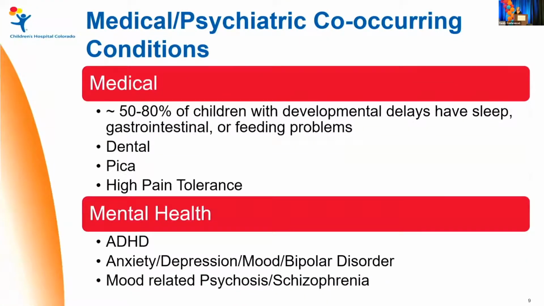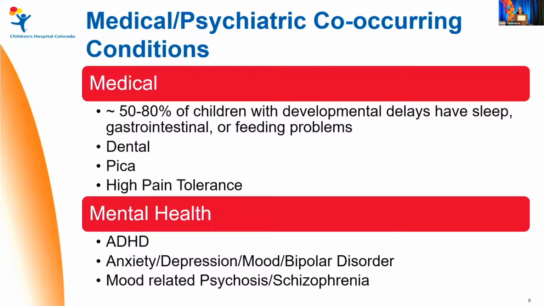We also look at medical and psychiatric conditions. 50 to 80% of kids with developmental delays have sleep problems, 50 to 80% have feeding issues, and 50 to 80% or even more have GI issues.